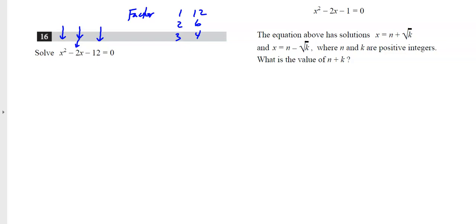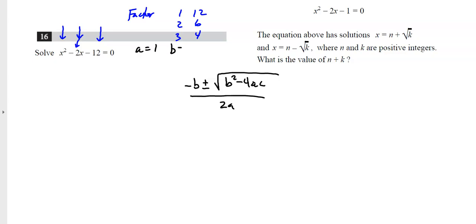So remember, quadratic formula, negative b plus or minus square root b squared minus 4ac all over 2a. So who's my a, b, and c? A is 1, b is negative 2, c is negative 12.